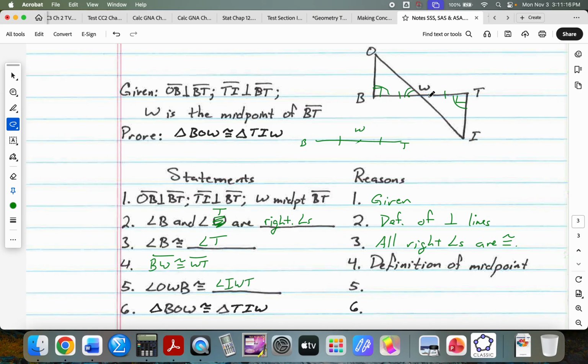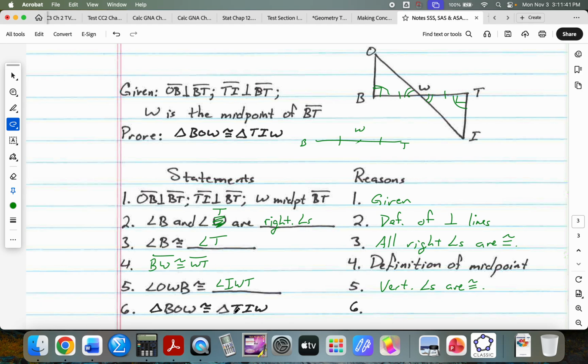W has to be the middle letter because that's where they are. How do I know that's true? Yeah, it's not a definition. This is vertical angles are congruent. The definition of vertical angles just tells you what they look like. It doesn't tell you that they're congruent to each other.